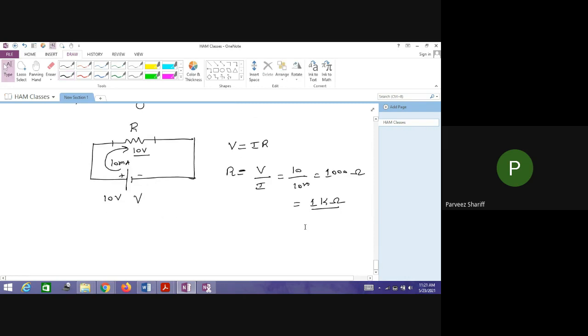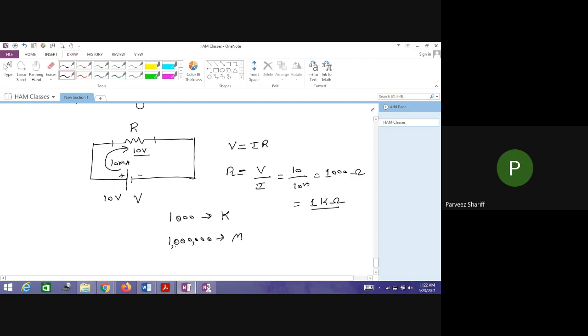There are a few terminologies which we'll be using. 1000, we call it kilo. Then 10 to the power 1, 2, 3, 4, 5, 6, this is called mega.